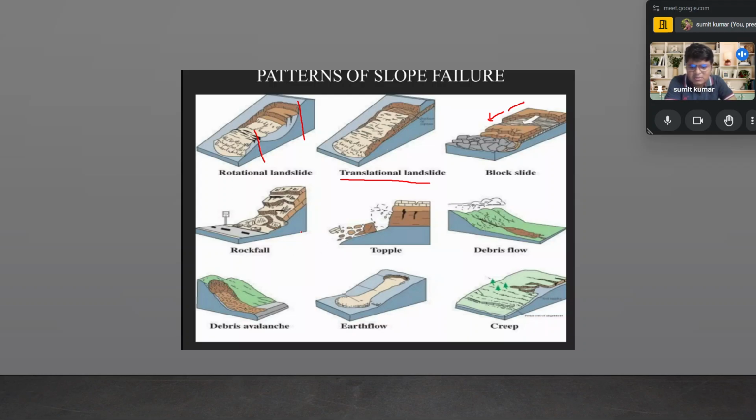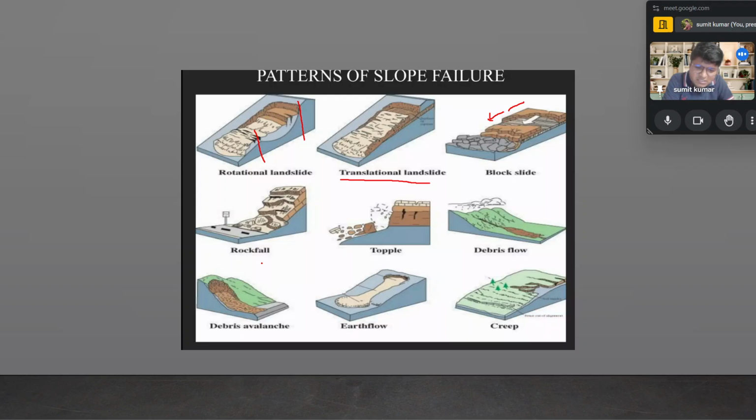Then the rock fall, which we have gone over. When we came across the different definitions, we have seen the rock fall definition, in which we said a large part of the rock or a boulder falls from a specific section. So this rock fall is also viable. A topple is one of the patterns of failure present in the subsequent one.